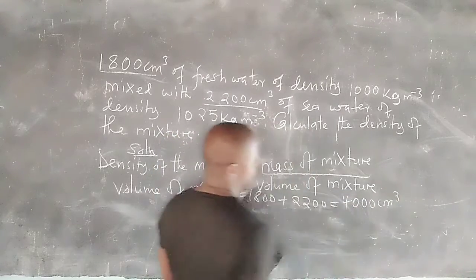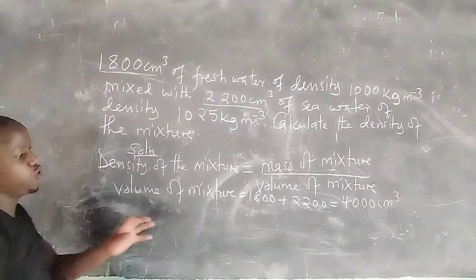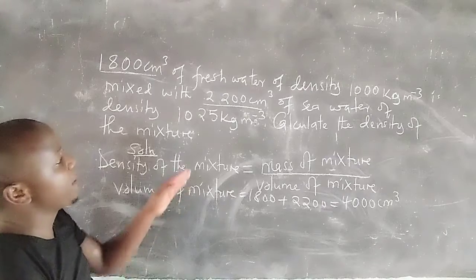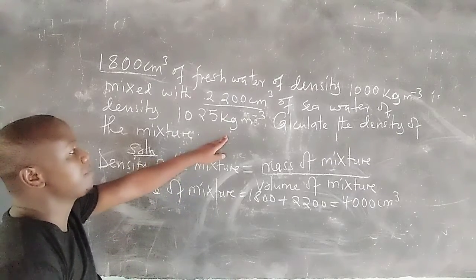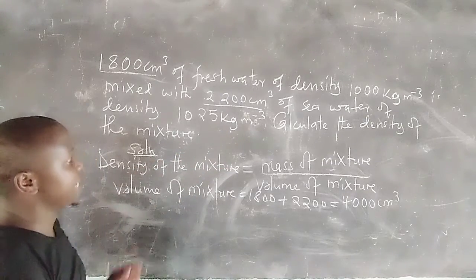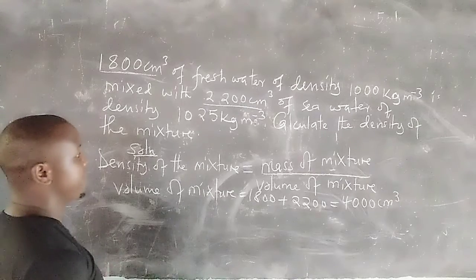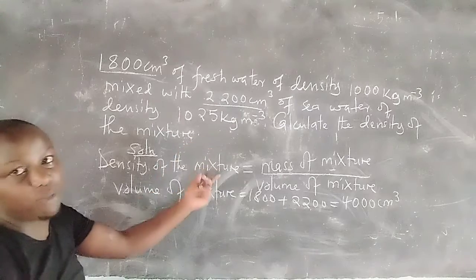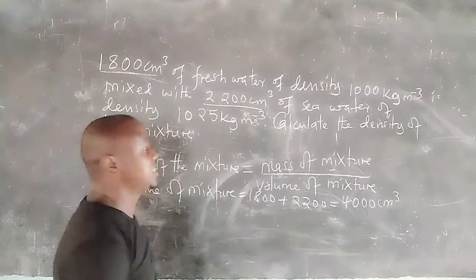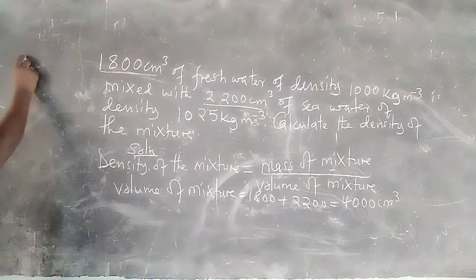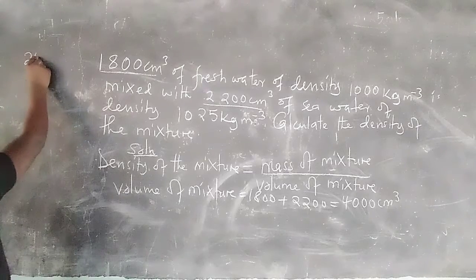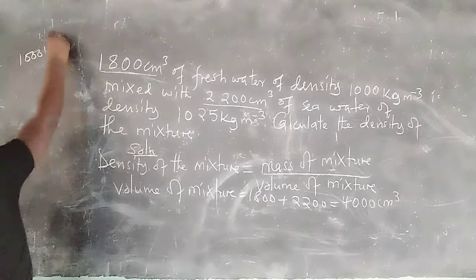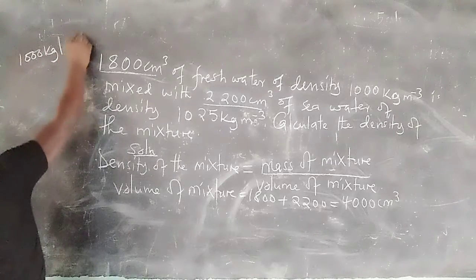And that will give us 4,000 cubic centimeters. Now, because the volume is in cubic centimeters, we can operate with the densities in grams per cubic centimeter, and we can convert them. We have 1,000 kilograms per cubic meter.